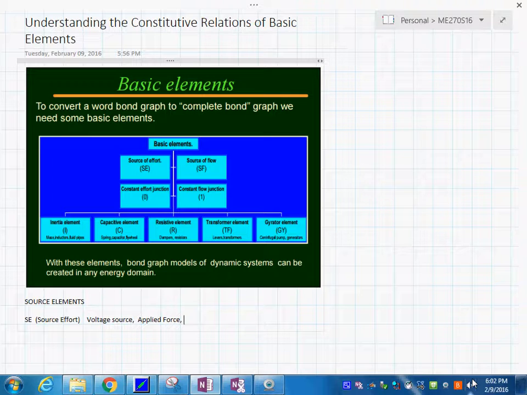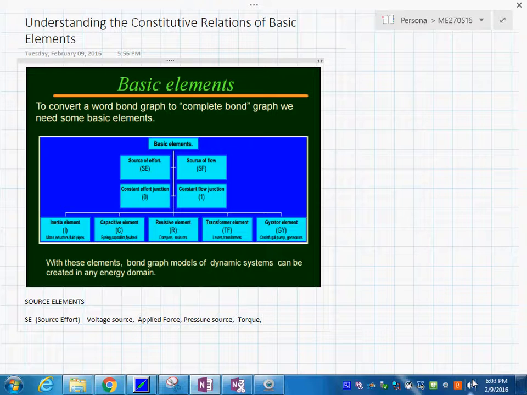Then you have like a pressure source, that's also an effort source. A moment, a torque, that is also an effort source. Then you have in the electrical domain, as I say, you have the voltage source.